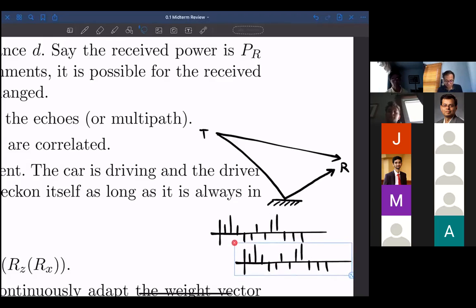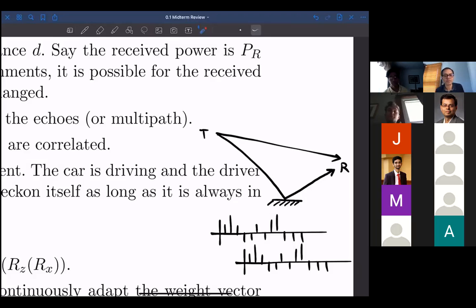So the question is, are this echoed signal and this signal correlated? Yes or no? What is correlation? Is there some way where you can shift it so that the signals will match very well?